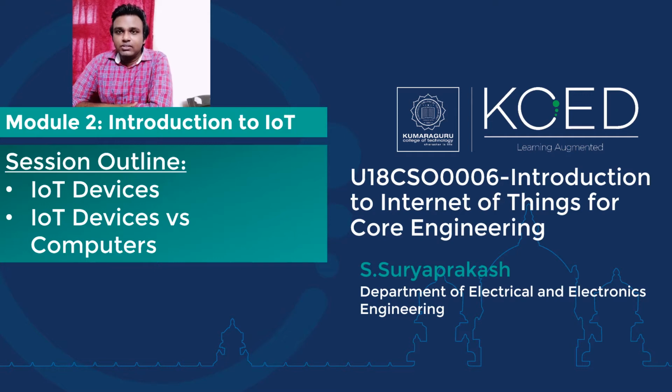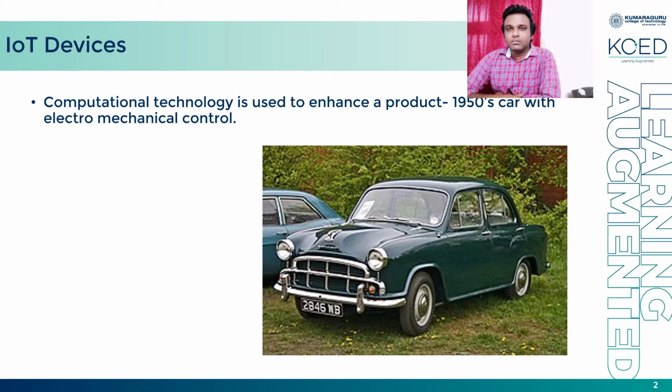In today's lecture, we'll be looking at what the different IoT devices are and how they differ from computer devices. In mobility devices, most of the electrical and electronic components are mostly electromechanical products.